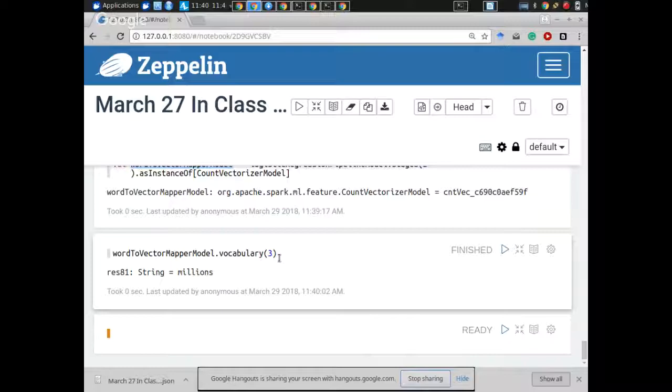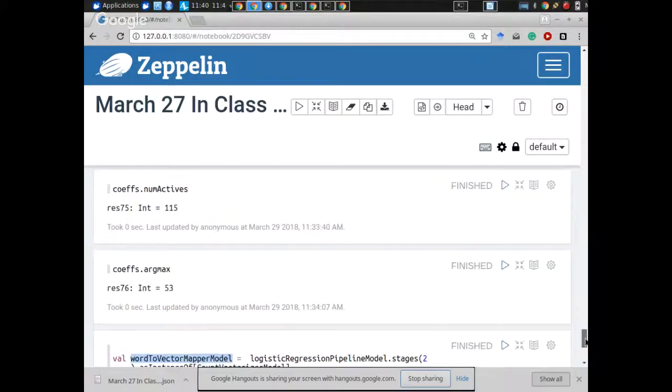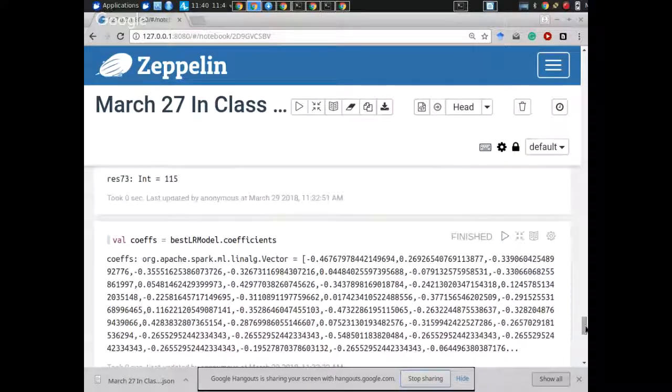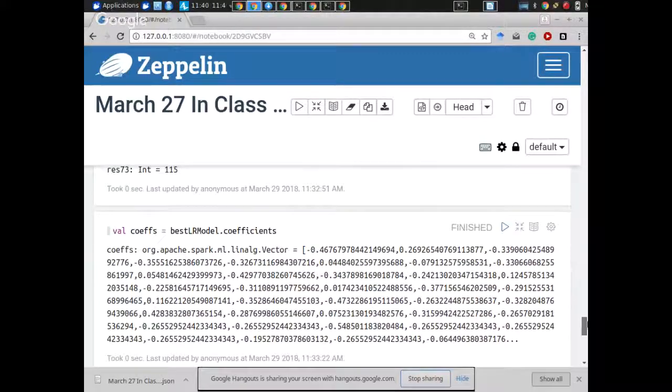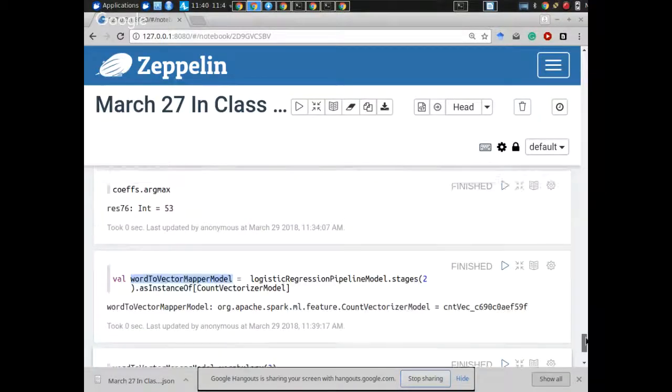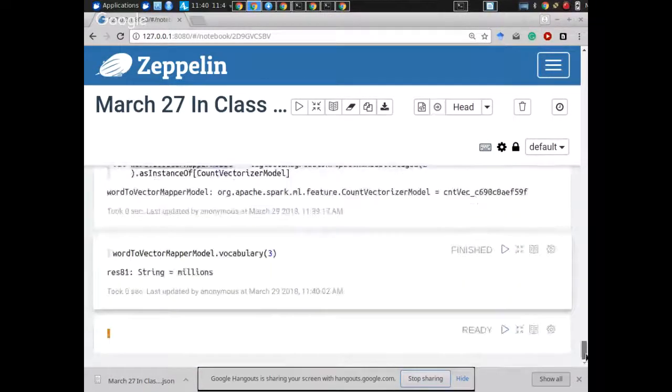Now, each of these words corresponds to a particular element in this vector of coefficients, because each word is associated with more predictive or less predictive components. If you look at the ones we were just exploring, word 0 was retweet.